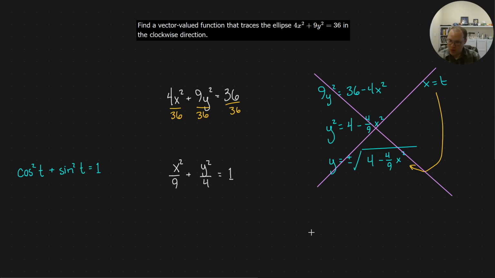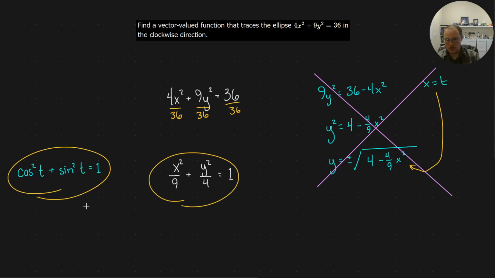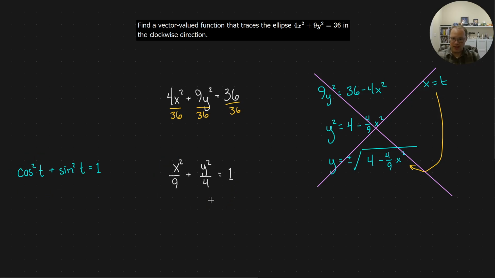That's the Pythagorean identity, one of the most important identities in trigonometry. This is what I want to aim for. I want to choose the parameterization for x and y so that this equation and this equation are the same equation. In order to do that, I need this x squared over 9 to be cosine squared.